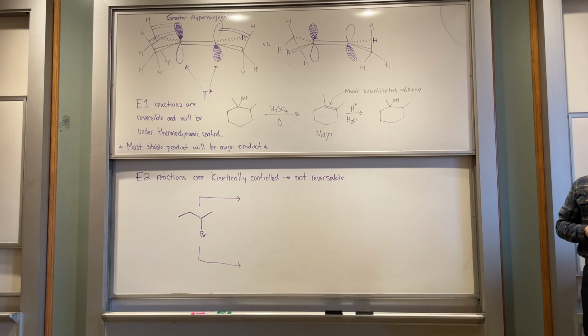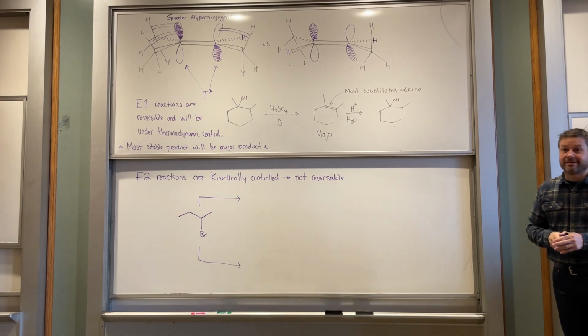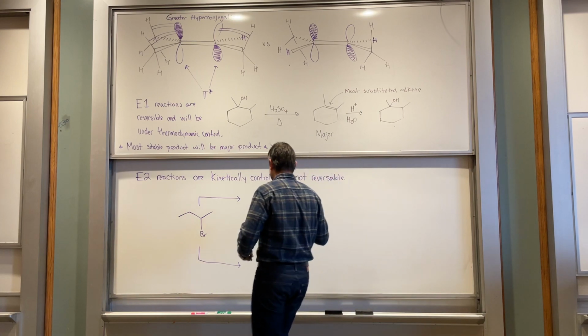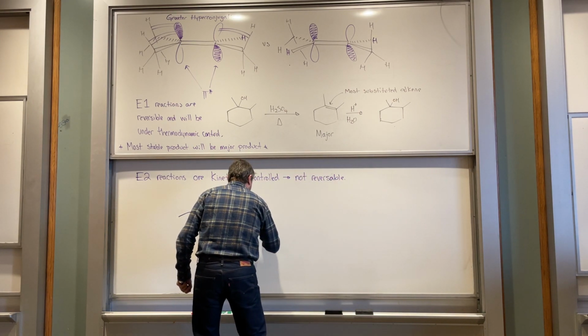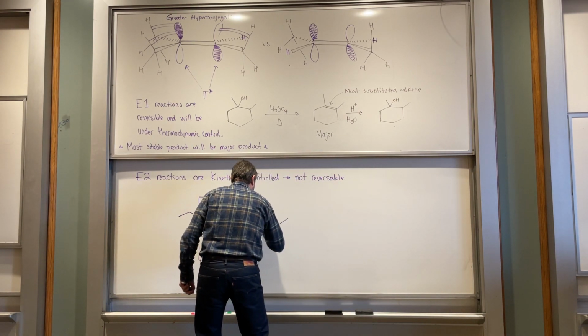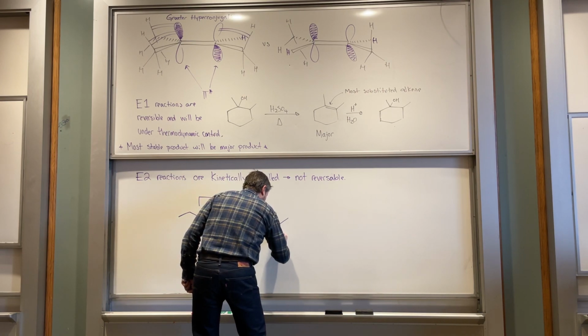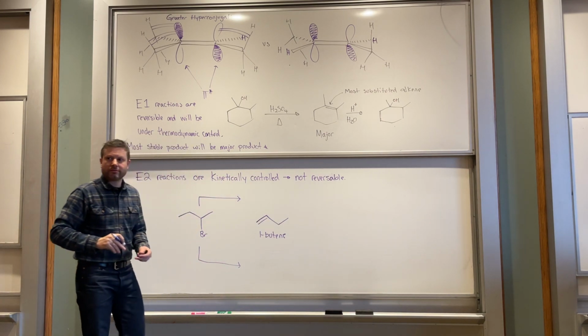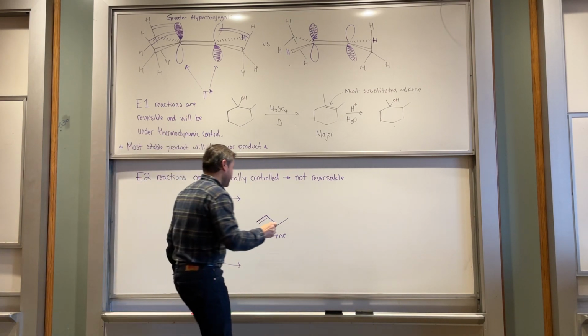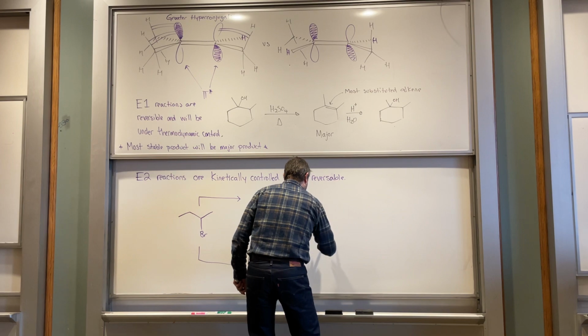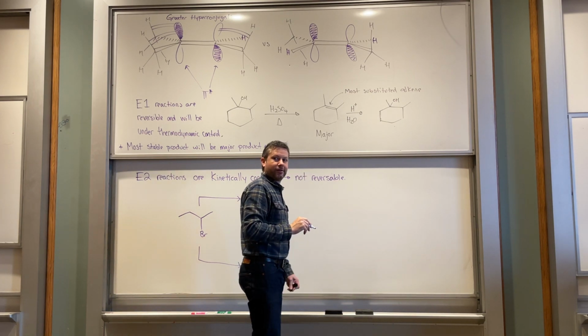So who can give the IUPAC name of one of the products? Yes. 1-butene. Excellent. All right, so that's one option. 2-butene? Okay, so there are going to be two different 2-butenes. Which one do you want?